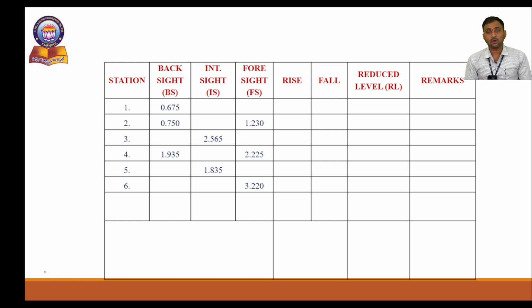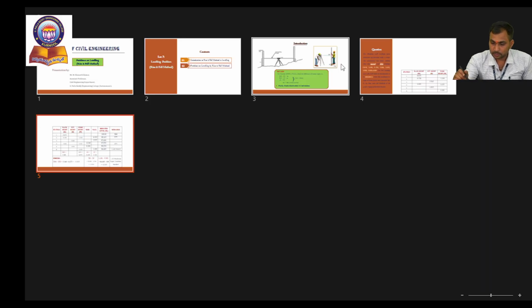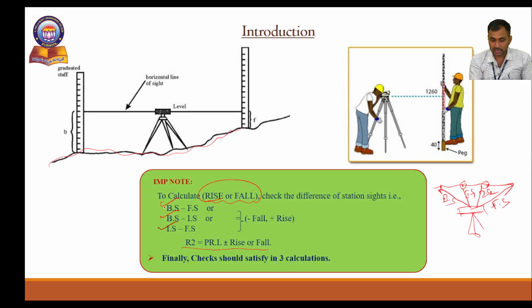Right. Now, what is the basic formula to calculate the rise and fall? Nothing but backside. What is the backside? 0.675. Sorry. So what is the backside value? 0.675 minus foresight value, like that. Backside minus foresight. Here I have mentioned, see here. Backside minus foresight.